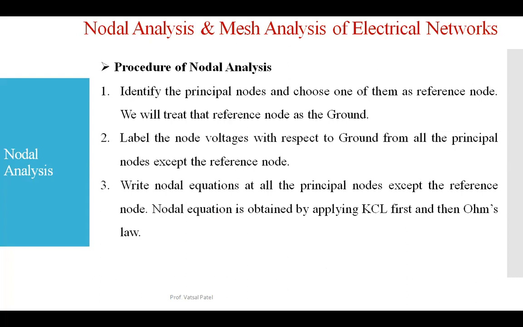Then after, we have to write the nodal equation at all the principal nodes except the reference node. So we identify using the KCL. After applying the KCL, we then use Ohm's law. I will show you with the example also, so that you will understand better.